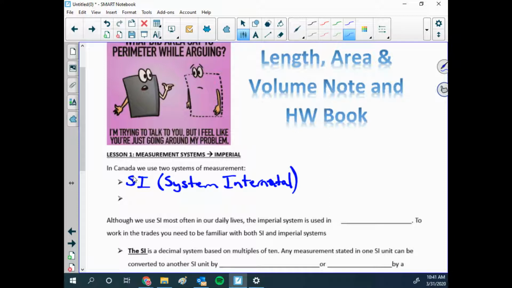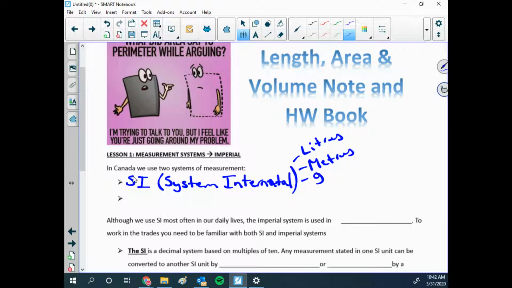The SI system is also called the metric system. That is the measurement system used in Canada and the UK. The units in the metric or SI system would be meters, grams, and liters, and those are the common base units for the SI system.